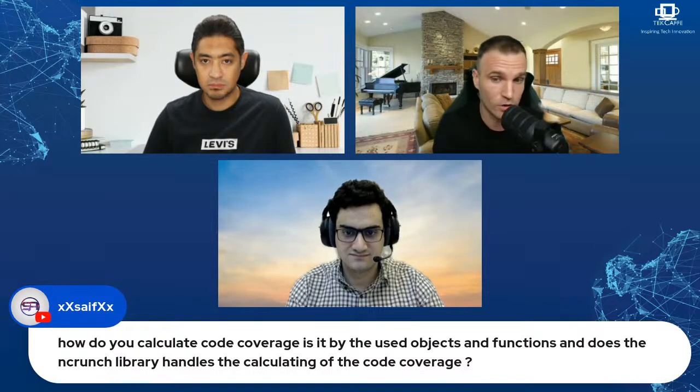If that line is not executed by your tests, then it's not included in the calculation. Based on my knowledge, that's how code coverage tools work. It just checks which lines are touched or executed by your tests and compares the difference.